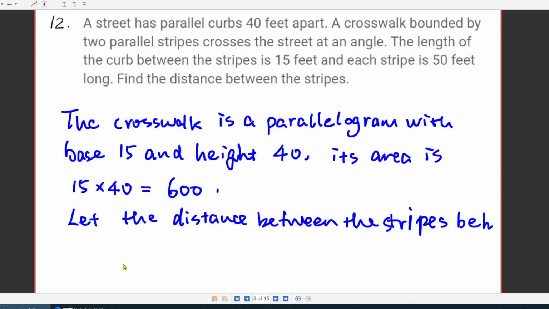Then the crosswalk is also a parallelogram with base 50 and height h, right?